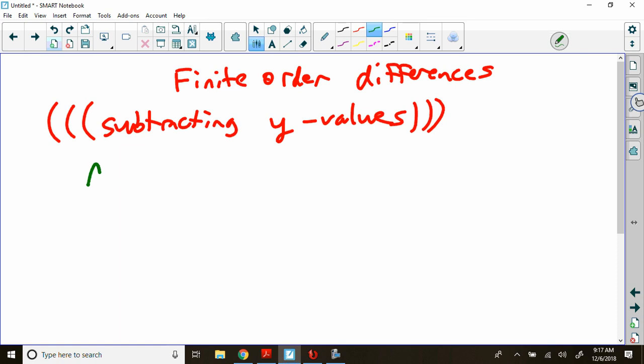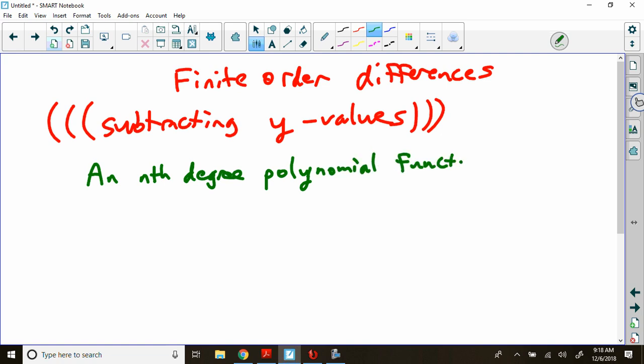It says an nth degree polynomial function has nth order finite differences.